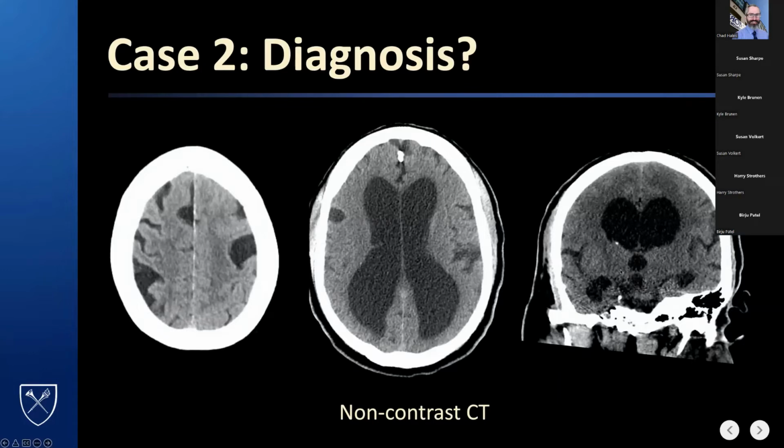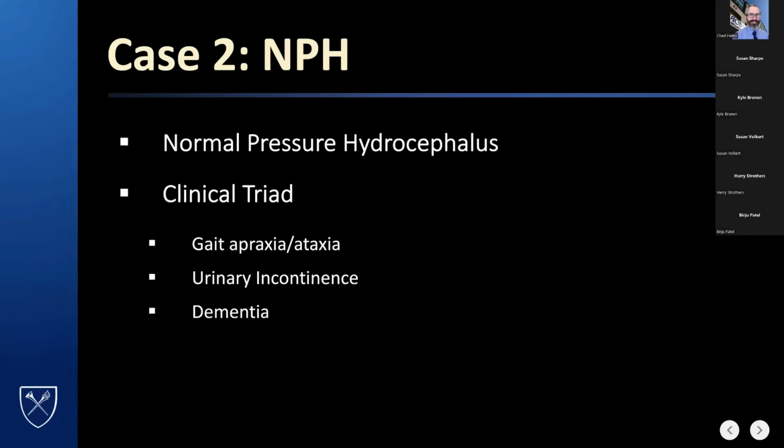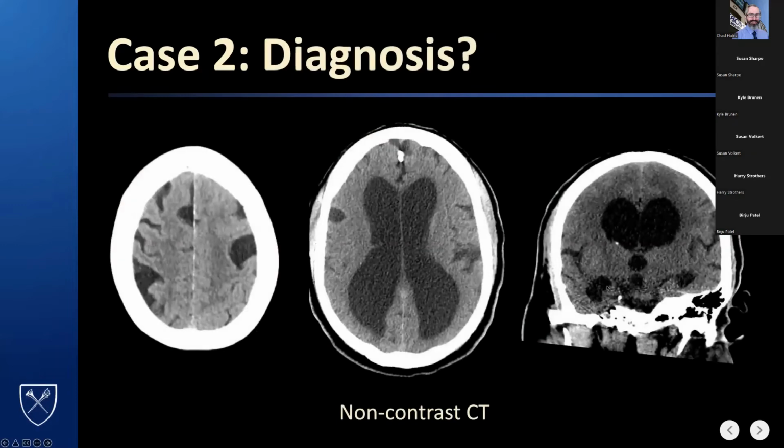The things we're looking for here, and I'll show you a couple of slides, some of the findings we're looking for that would point to NPH rather than just brain atrophy. And Dr. Hales typed in that the hippocampus looks small on the coronal as well, suggesting that NPH is not protective of every pathology. Correct.